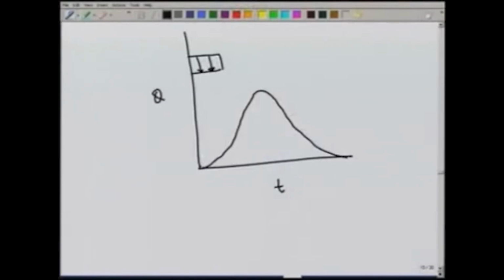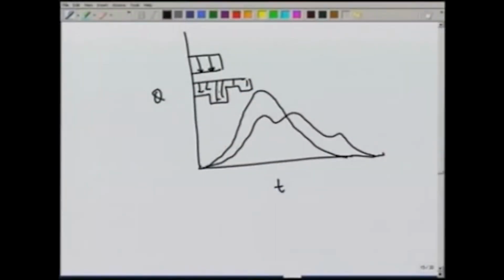If the rain is not uniform, sometimes the hydrograph may look like this. In that case, the hydrograph may have a very different shape. It may go like this. So, for a complex storm in which various intensities of rain occur for different times, the shape of the hydrograph will be very different.